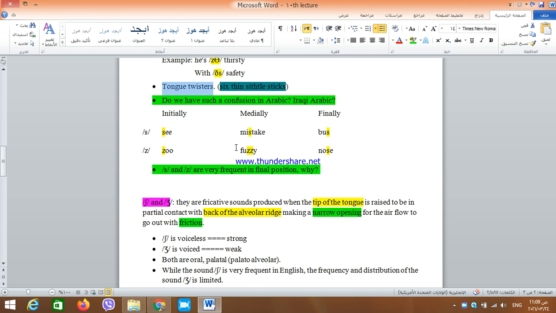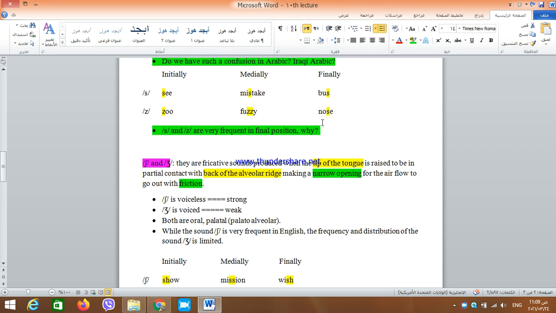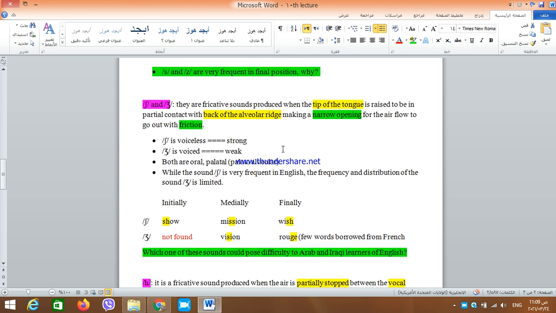Ze is the same, but somehow ze is not that frequent, especially in the beginning of words, while at the end of words, se and ze are very frequent. Can you think of a reason for that? Why are se and ze very frequent in final position? Think of an answer for this question. Next time, inshallah, we will discuss it.